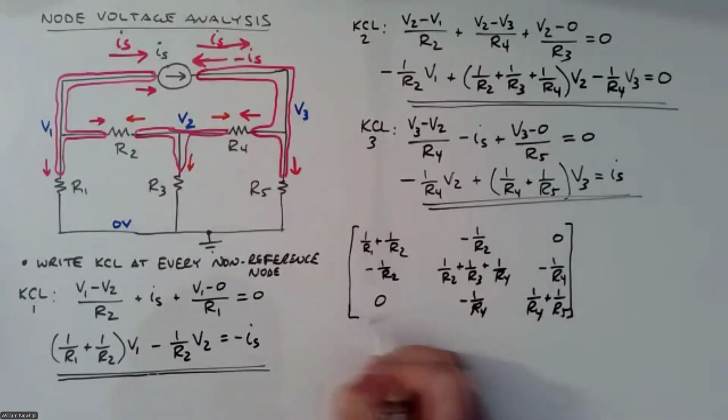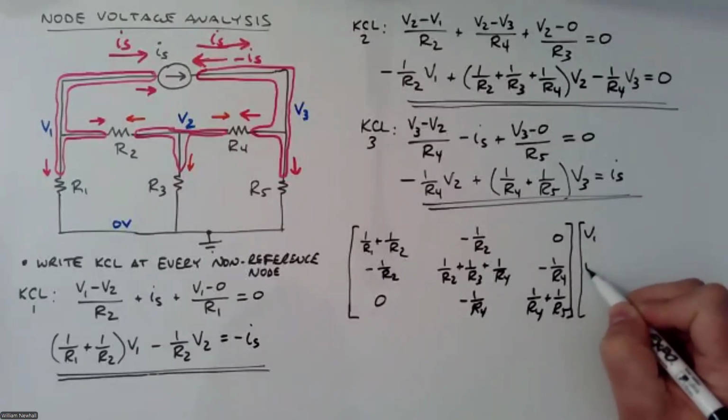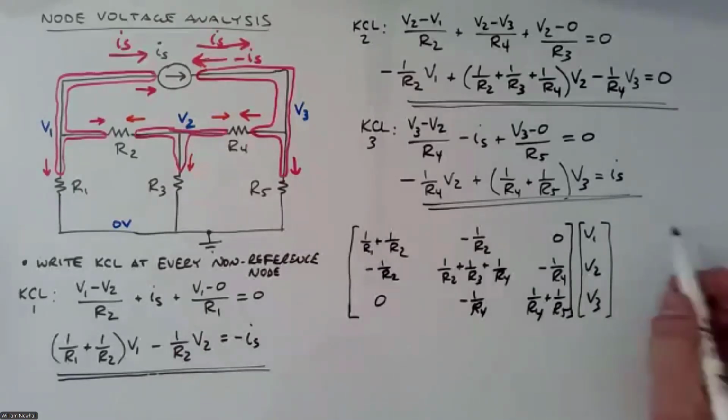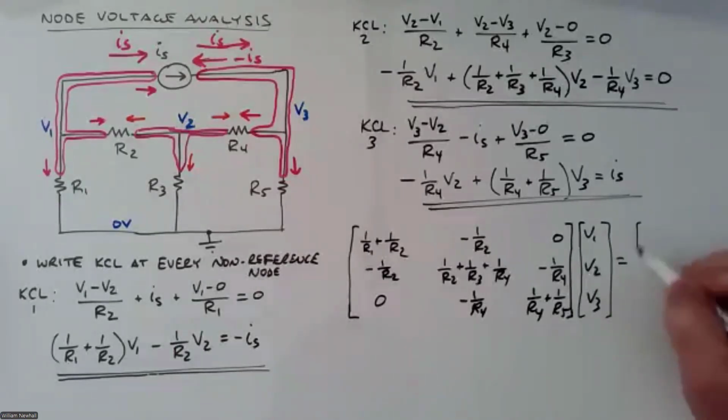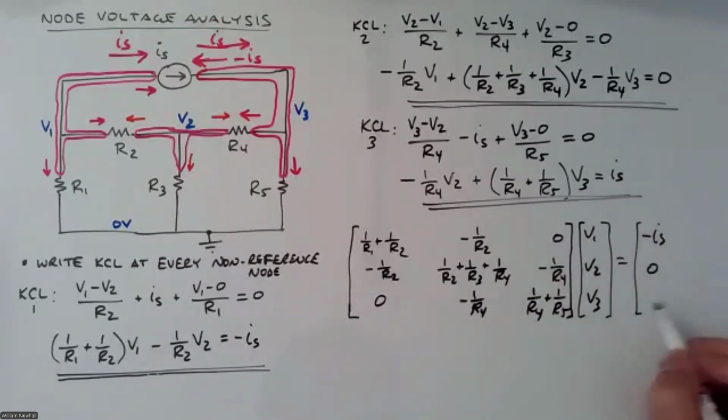Right, so that's my matrix times V1, V2, V3 equals minus IS, 0, IS.